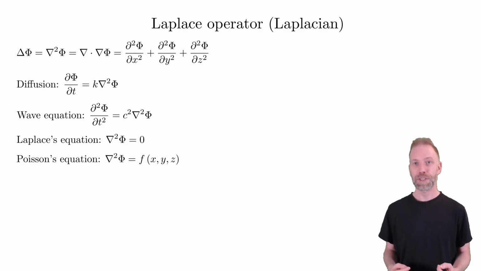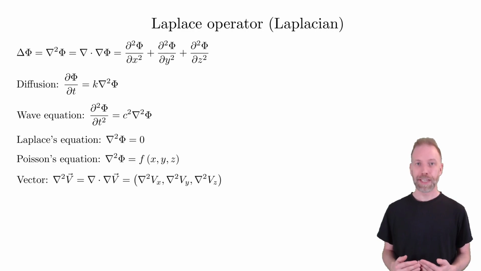These are examples you may come in contact with later, as they will appear in physics in many courses. Finally, if we apply the Laplacian operator to a vector, in Cartesian coordinates, it is the same as applying it to each coordinate separately. Once again, it only works for Cartesian coordinates though, otherwise it's more complicated.